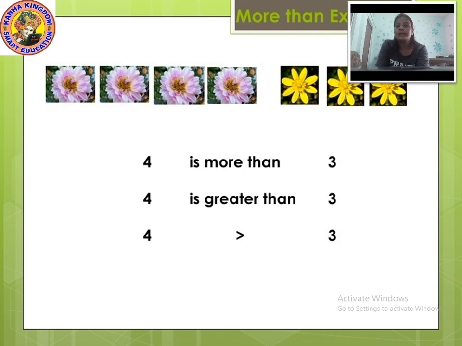Now let's see the examples of more than.